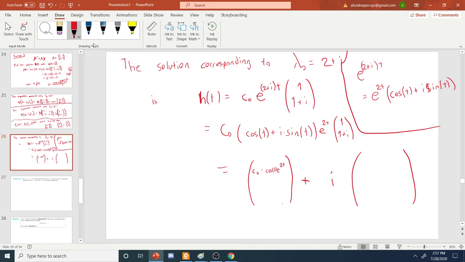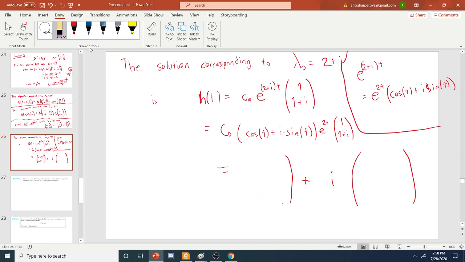I'm also going to have c naught times cosine of t e to the 2t. And then I note that when I multiply i sine t times this i right here, I'm going to get minus, actually let me manipulate this a little bit.